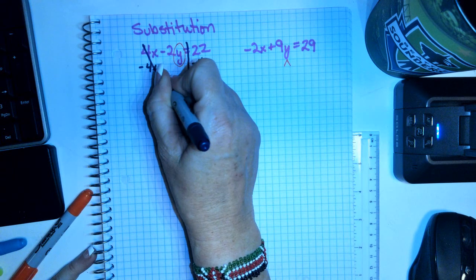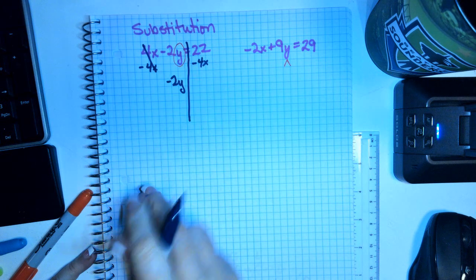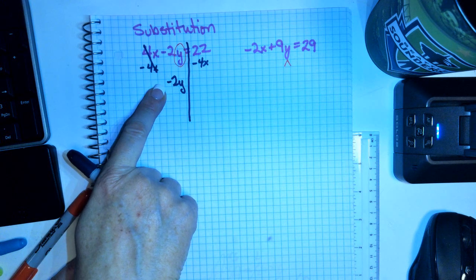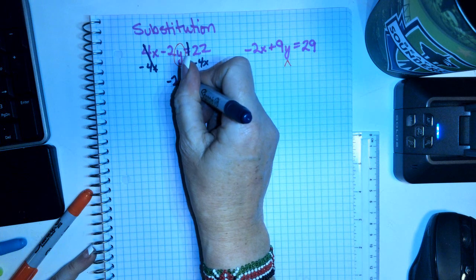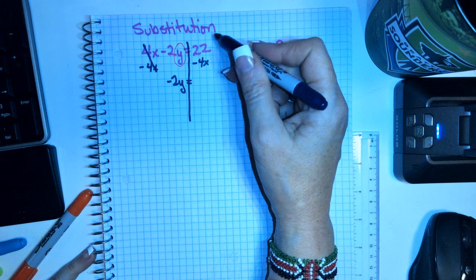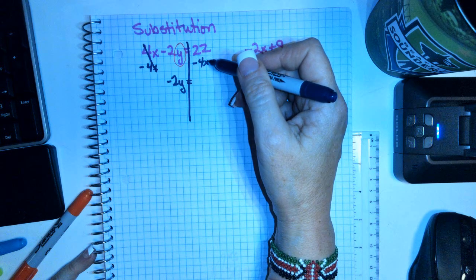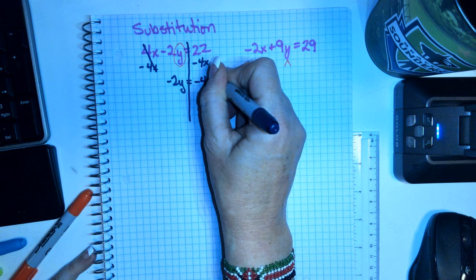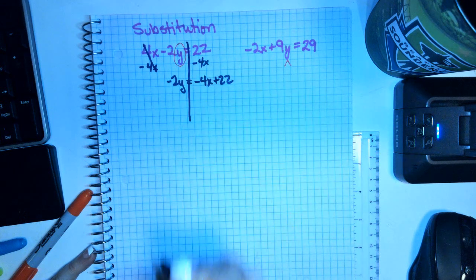That leaves me with -2y. Make sure you bring this negative down with the 2. And on this side, that will equal, now the 22 and the 4x, those are not like terms. So I just have to have -4x plus 22.